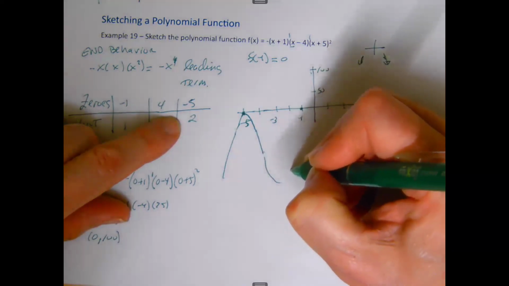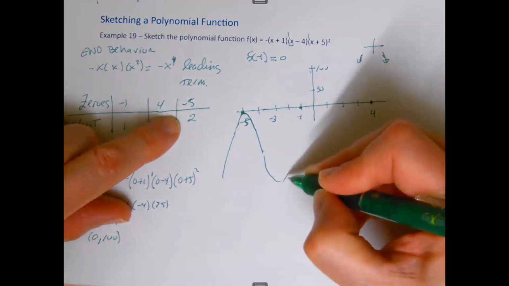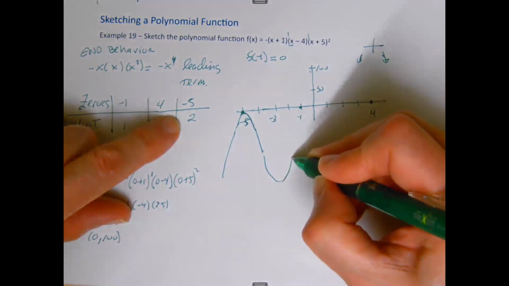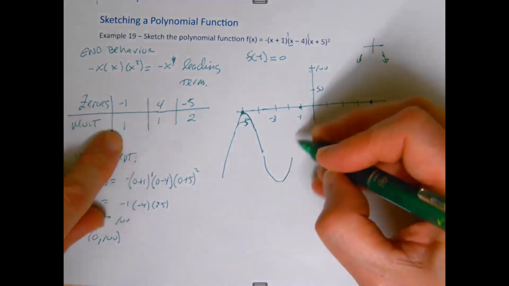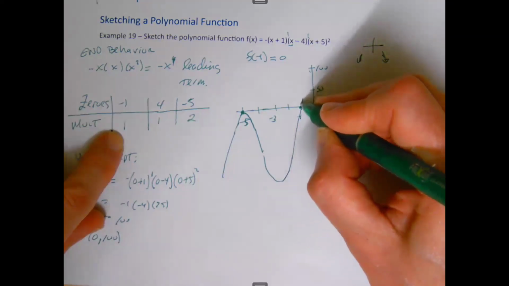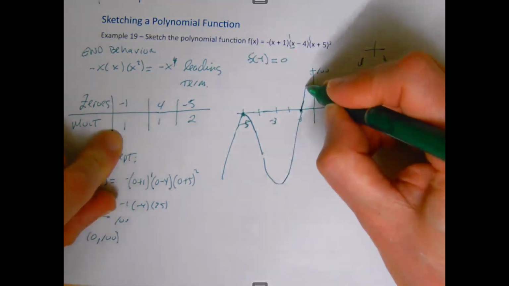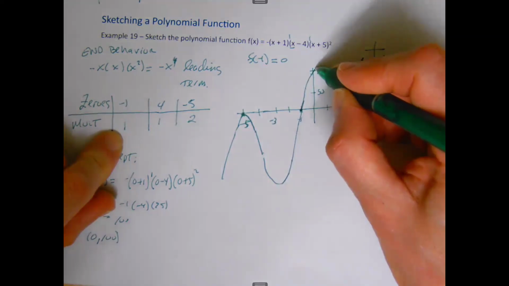Let's say I turn around right now. Most likely it will go down a lot further before it turns around. And now it has to be heading up. This is of degree 1, so it's going to go right through. It will look very linear. And then it'll keep going up until it reaches 100, and maybe it'll hit 100 and just keep going up.